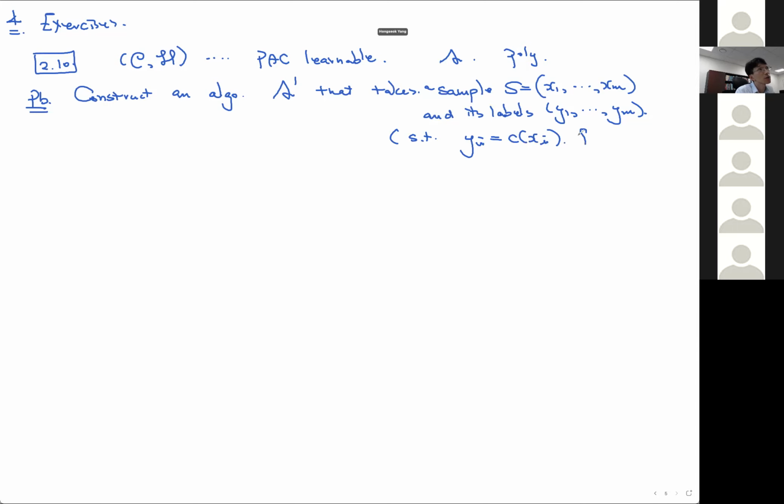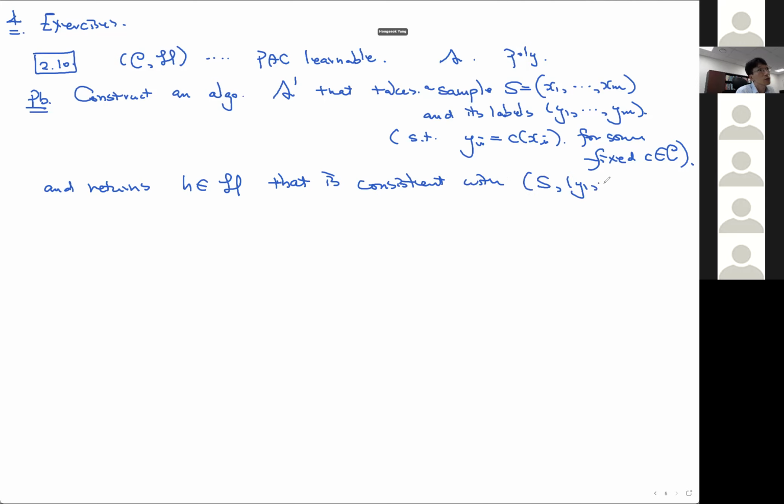Then we have to return an H that is consistent with this S and y1 to ym.